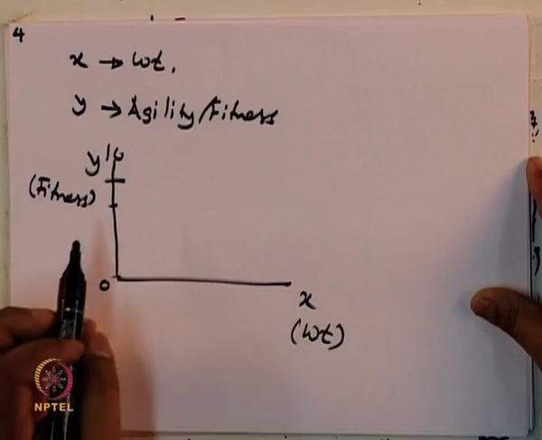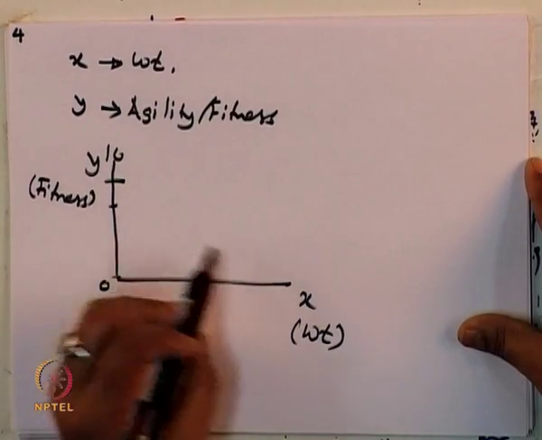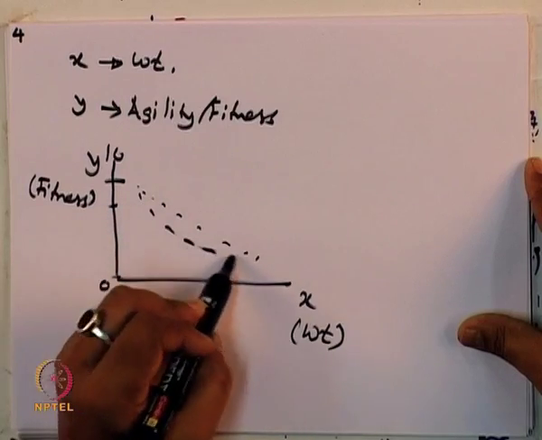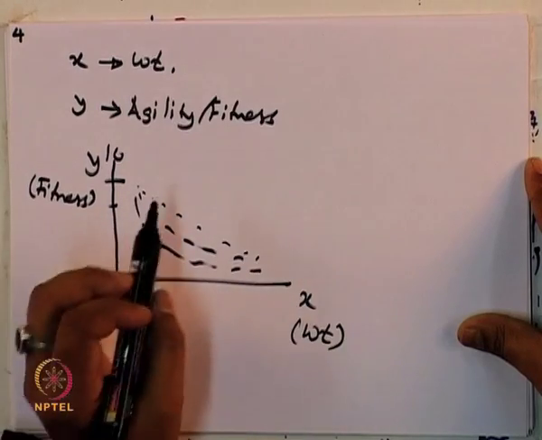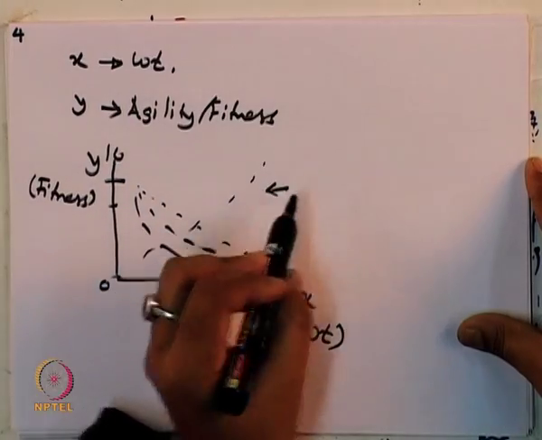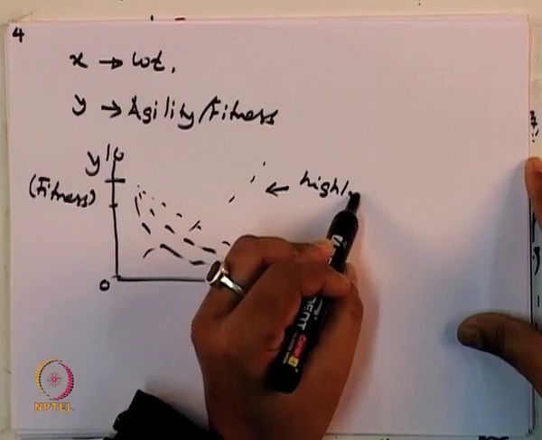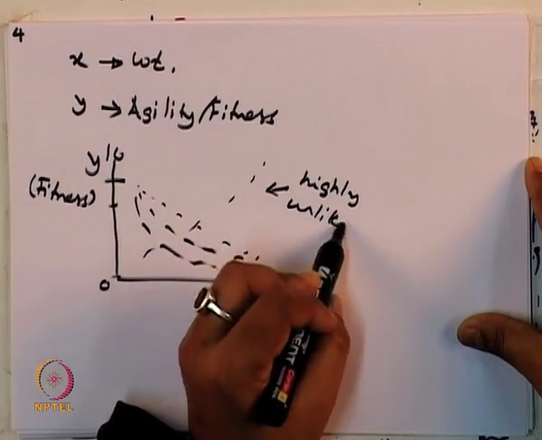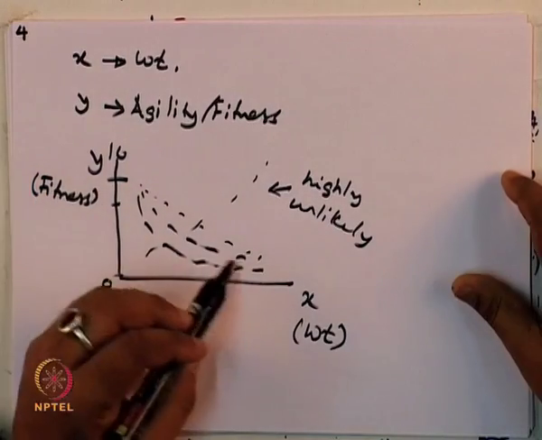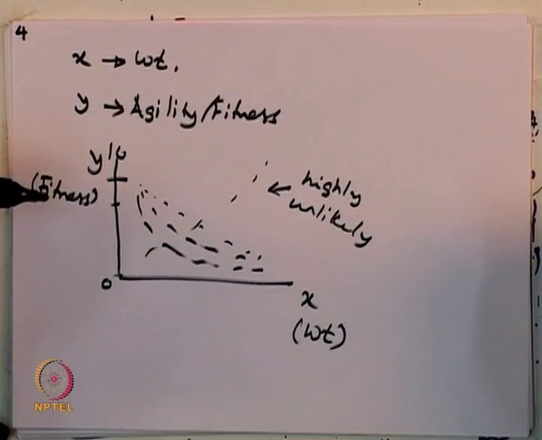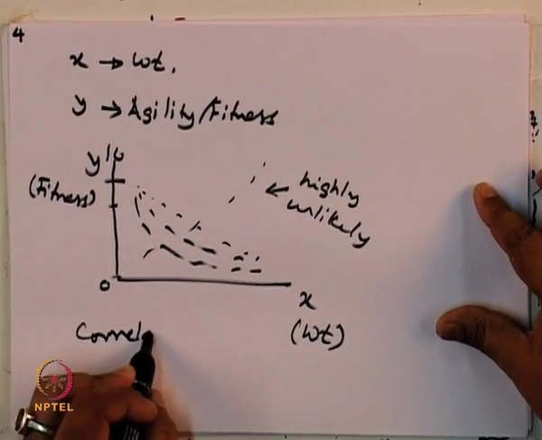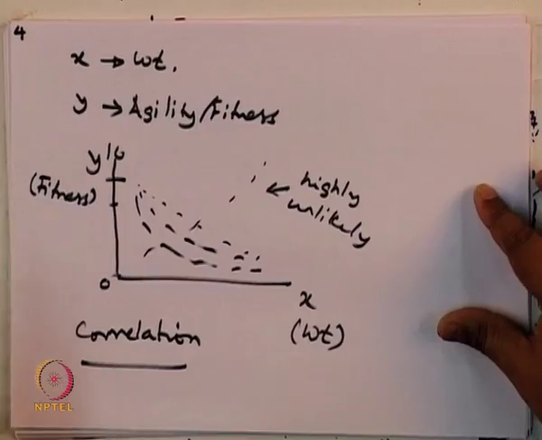So you would expect that as weight drops, you can expect a curve like this, a curve like this, a curve like this, but it is highly unlikely that you will have a curve like this. This is highly unlikely from a physical point of view. So the object of this exercise is to correlate these two particular behaviors, and this is how it is chosen in the principle of correlation.